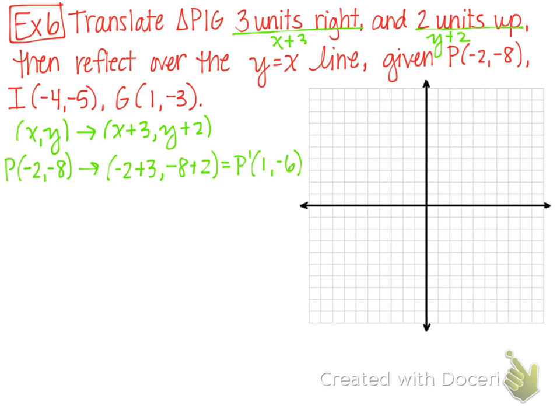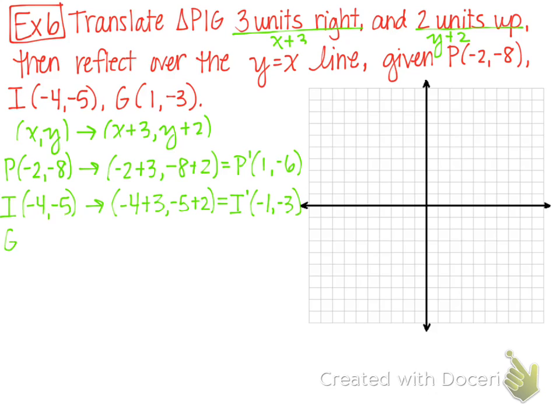So now, let's take I. I originally is at (-4, -5). So we're going to take -4, add 3 to it, and -5, add 2 to it. So we get I prime at (-1, -3).